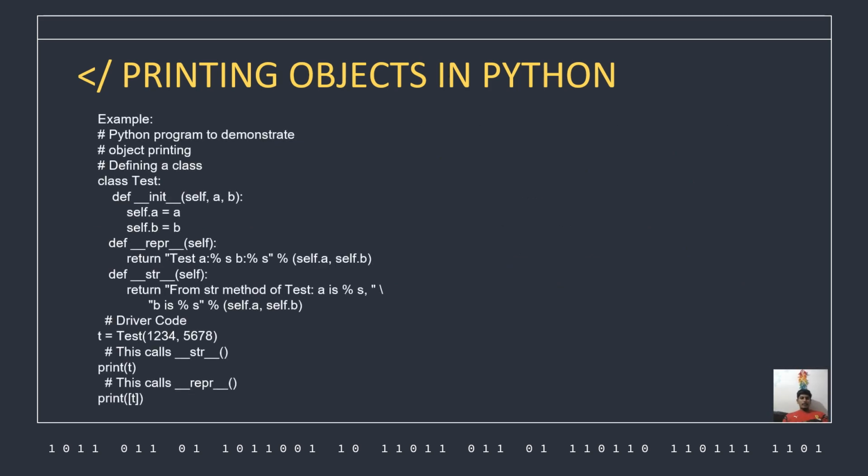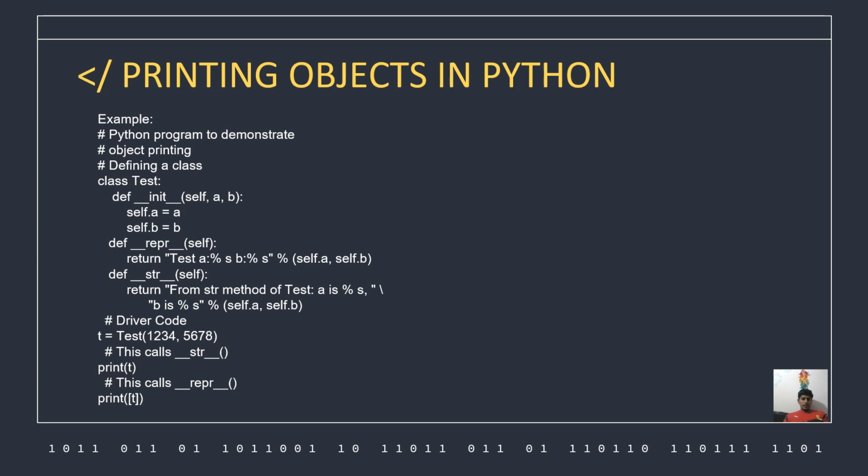Now going with an example, first we have to define a class. Python program to demonstrate object printing. Class Test. Define init with self, a, comma b. self.a is equal to a, self.b is equal to b. Then we have to define repr for each variable that I have defined in the first.